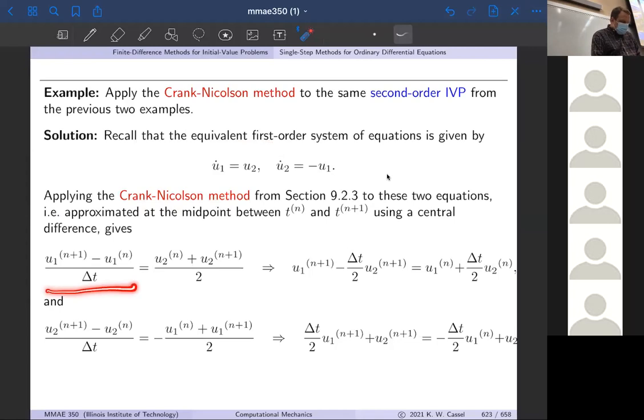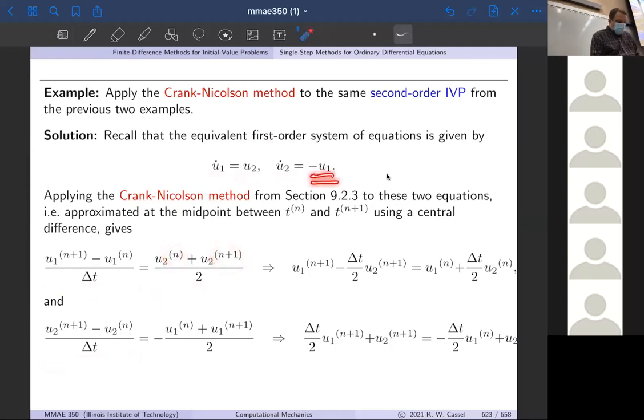So u1 n plus 1 minus u1 n over delta t for this. And for u2 dot is u2 n plus 1 minus u2 n over delta t. Again, second order accurate central difference approximation. Then on the right, this is u2. So we have to average the u2s at the nth and n plus first time step.